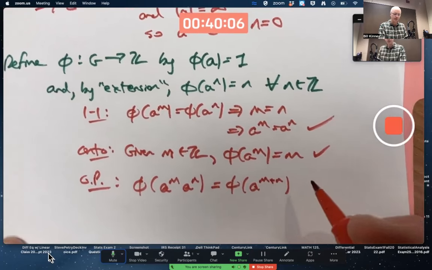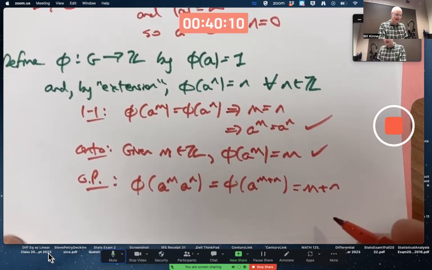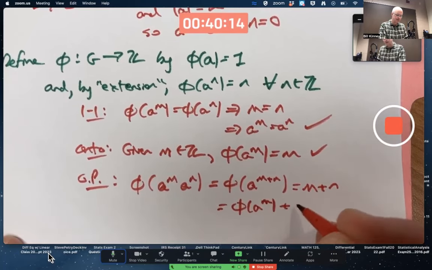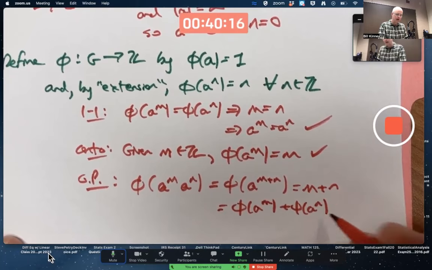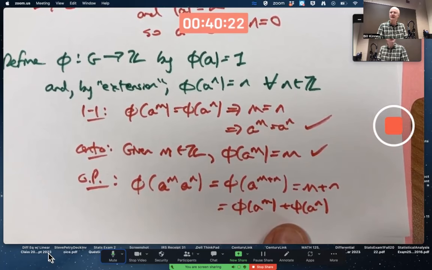And now looking at the formula for phi, that's the same as m plus n. And that's the same as phi of A to the m plus phi of A to the n. The operation in the group G is multiplication. The operation in Z is addition. This is enough to say it's operation preserving. Essentially, I did do the proof. Essentially, this is the proof.